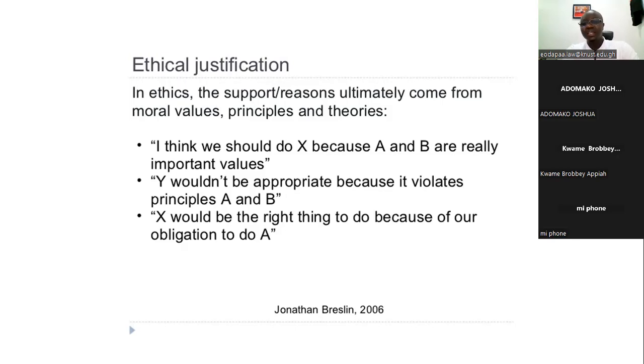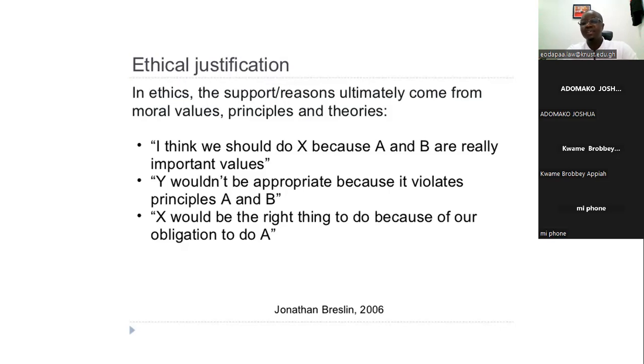So in ethics, the support or the reasons we assign emanate from moral values, principles, and theories. So for example, let's look at these statements. I think we should do X because A and B are really important values.